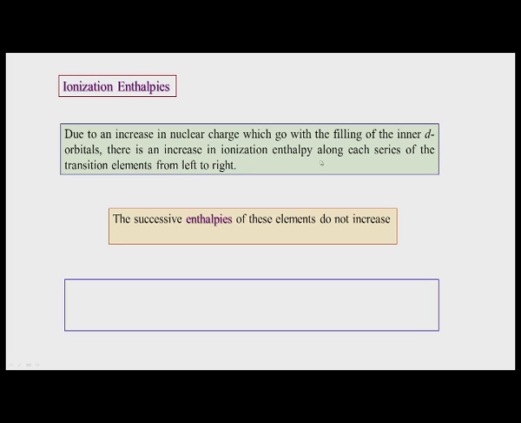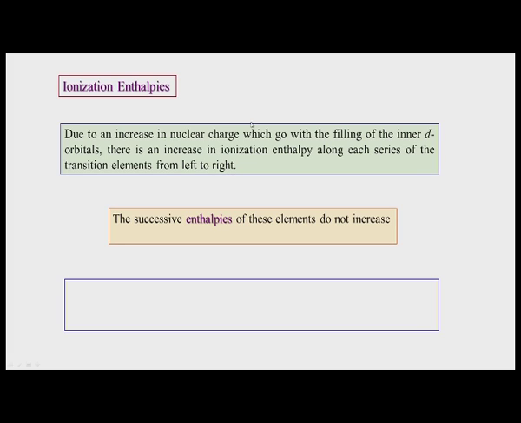And that trend, if we simply compare the metal atoms for the 3d series, the 4d series and the 5d series, we will see that for each of these series they change along the series of these transition elements from left to right.